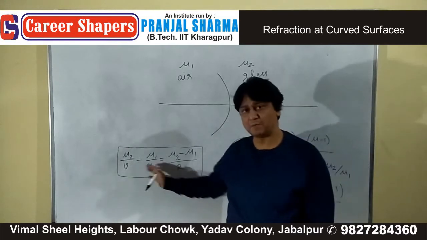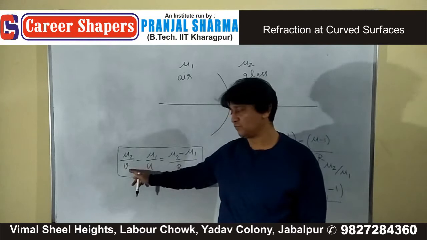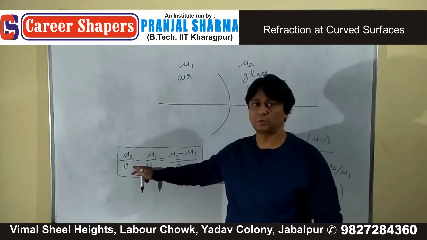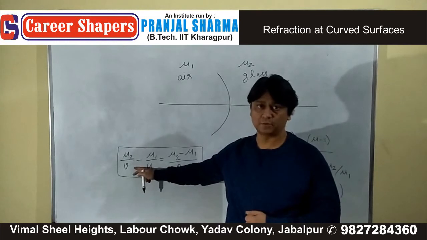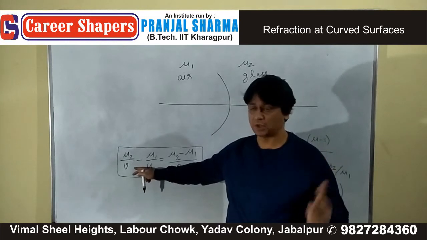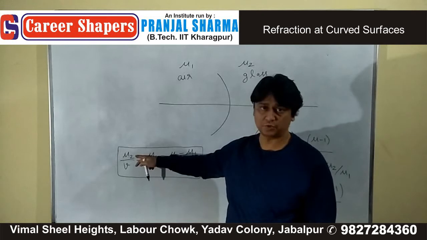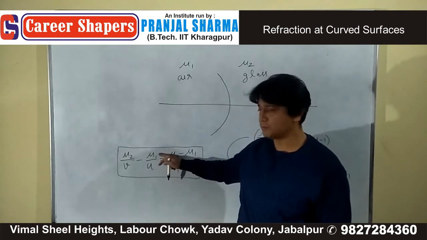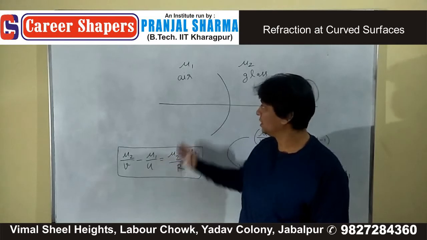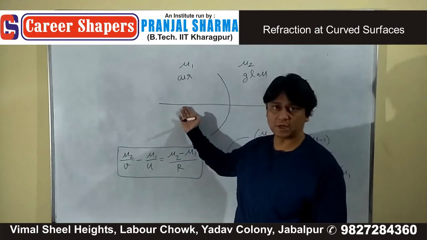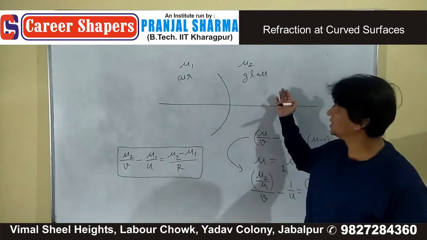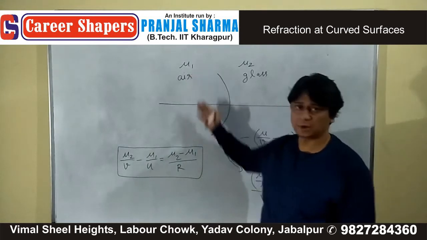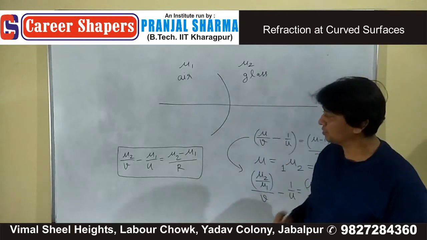It's very easy to remember this. First you will have V, U, R. V means image, and therefore you will have the medium of image, which is mu2. U means object, and therefore you will have the medium of object, which is mu1. You know that the object is in air and the image is in glass.